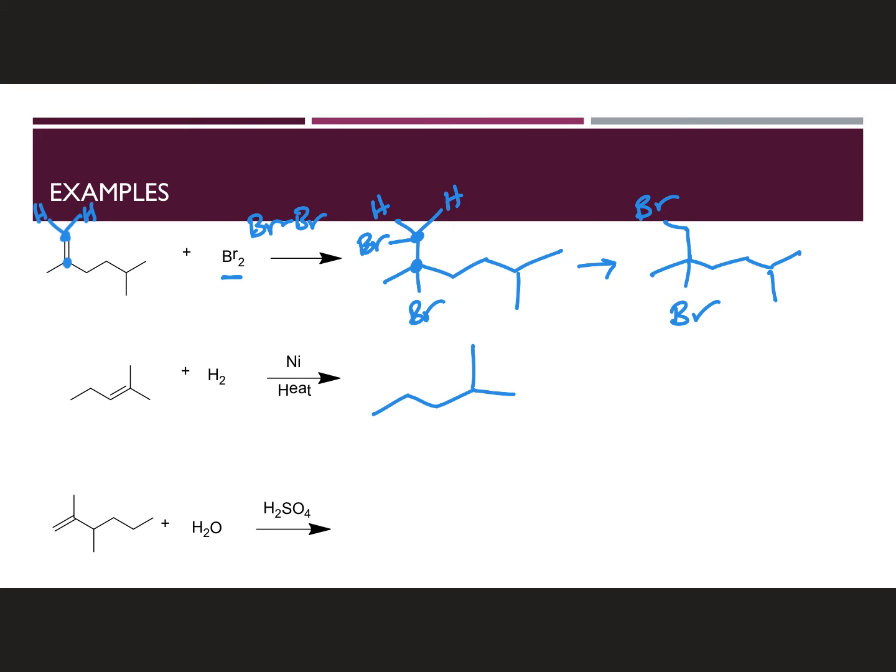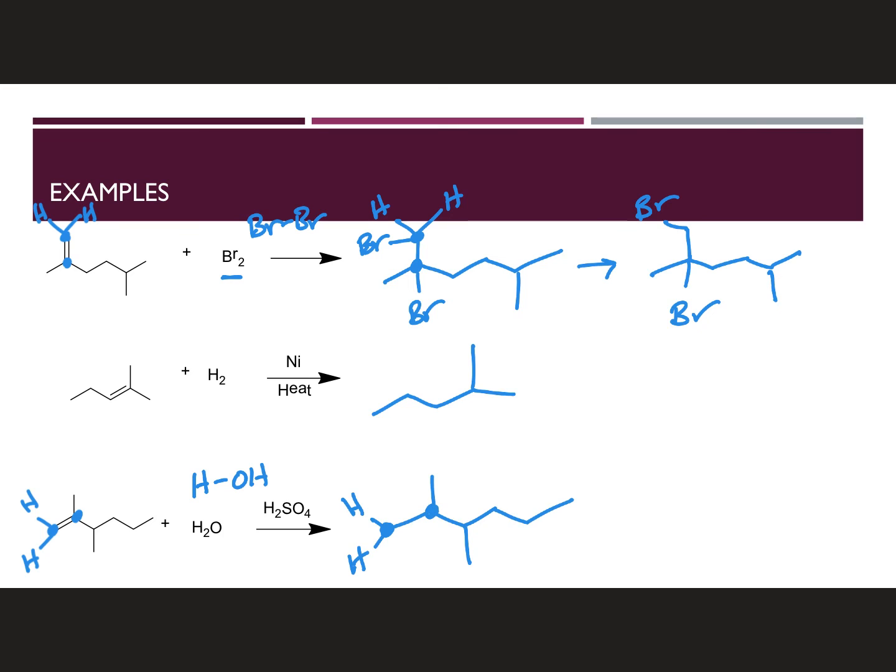For the last example, it's hydration. So this is asymmetrical. One carbon is going to get a hydrogen. The other one is going to get OH. So I do need to think about what's currently attached. The first carbon has 2 hydrogens. The other one of the double bond has none. So redraw the structure without the double bond.